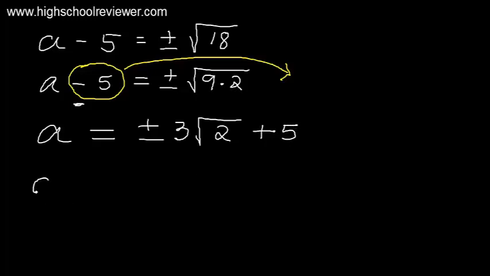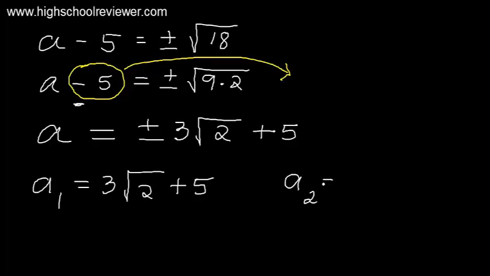So our a sub 1 here will be the positive 3, so this will be positive, okay? That will be positive 3 square root of 2. So again, our a sub 1 will be 3 square root of 2 plus 5. And our a sub 2 will be negative 3 square root of 2 plus 5.